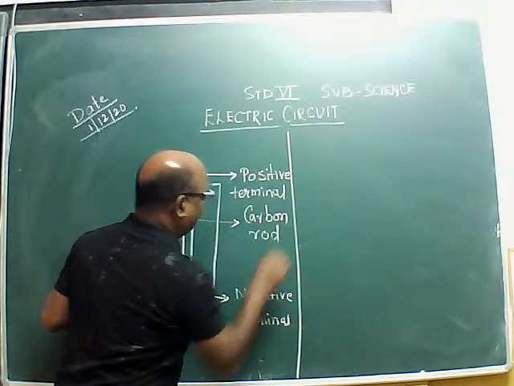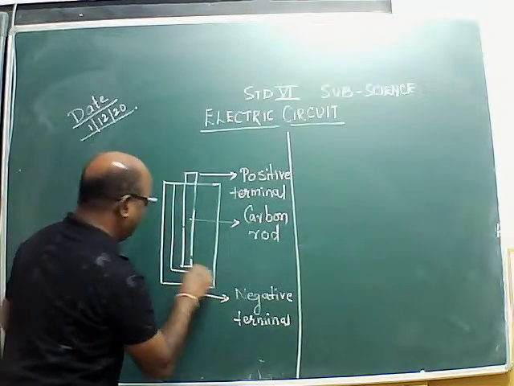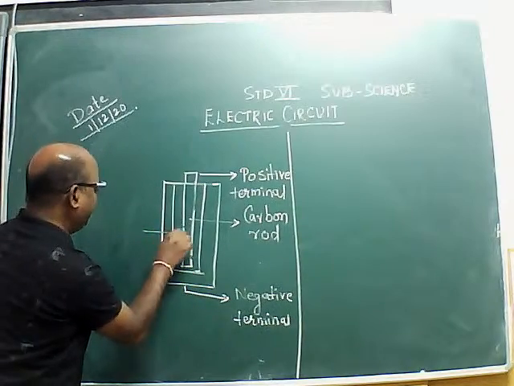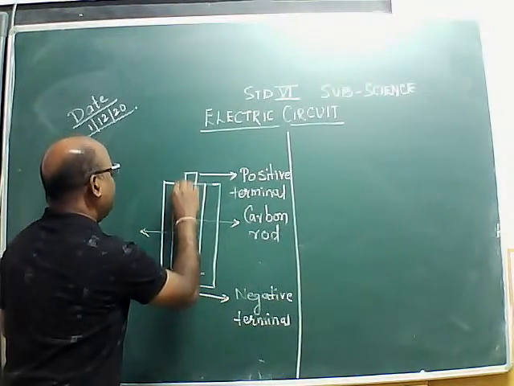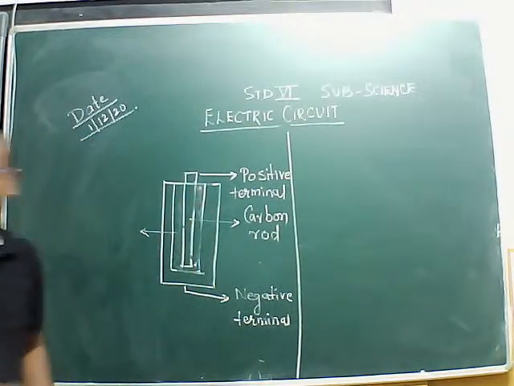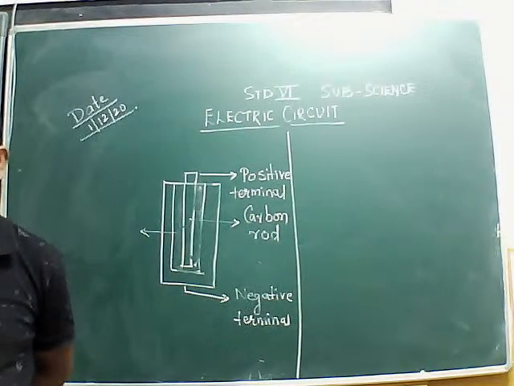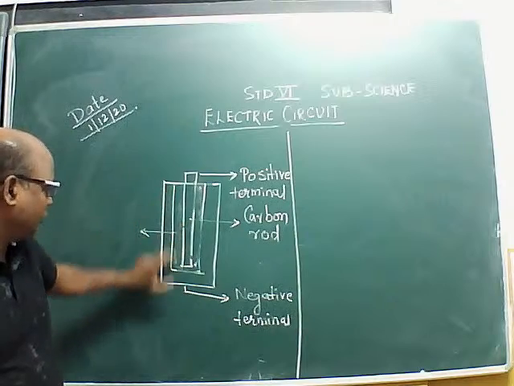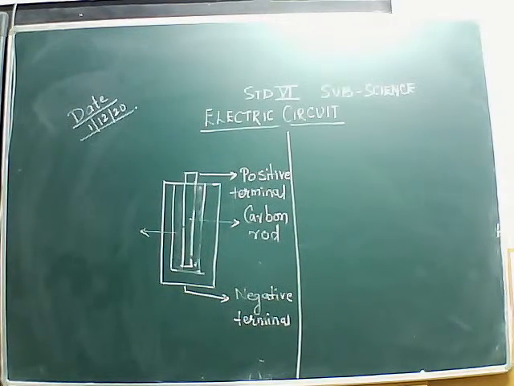Then surrounding the carbon rod there is a mixture of chemicals, a paste of chemical, in a small container, in a case.